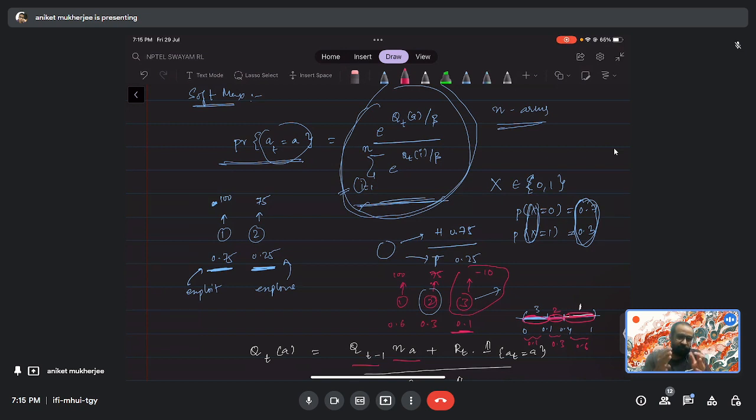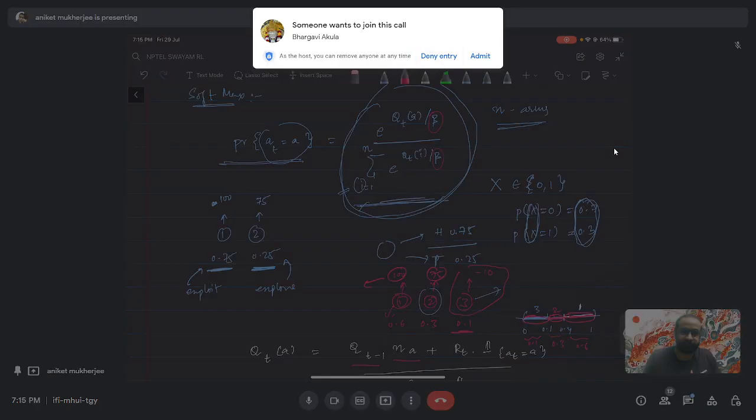For the softmax given here, you need to modify the beta. How to modify the beta is a design problem: when to decrease beta, when to increase beta. But yes, it is going to change every time, and as the values get farther apart, the probability of picking the best arm keeps on increasing.